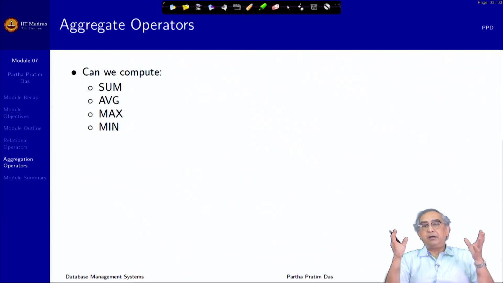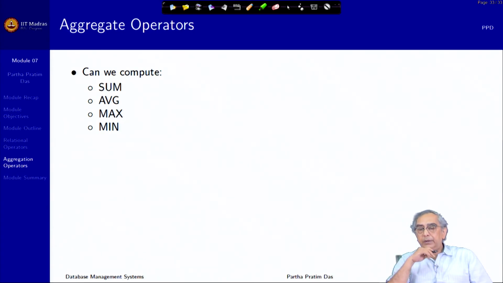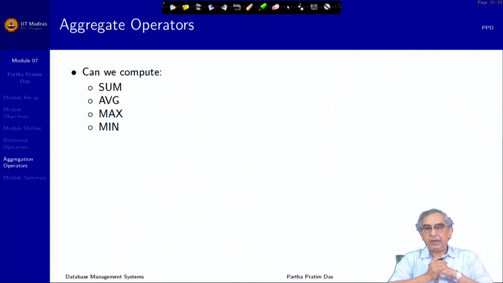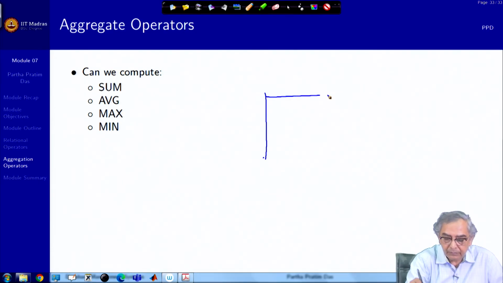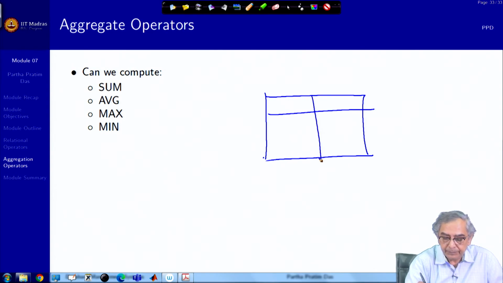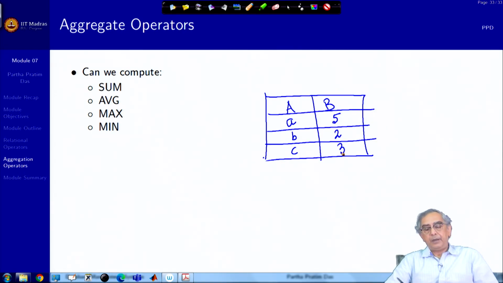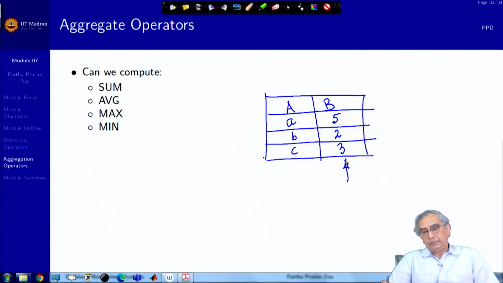Now, these are the basic relational operators. Then we have a set of what is called aggregate operators. The concept of the aggregate operators is that you take a relation again, then based on one or more columns or certain conditions, you do an aggregation. So, kind of, you have a table A, B, I say that I want to do an aggregation on column B. What is that aggregation?